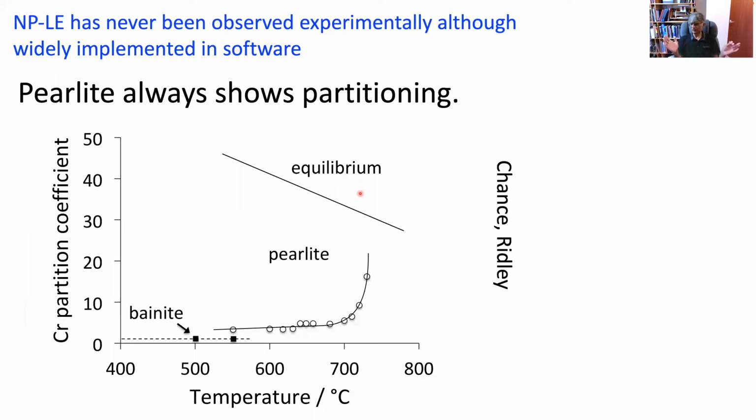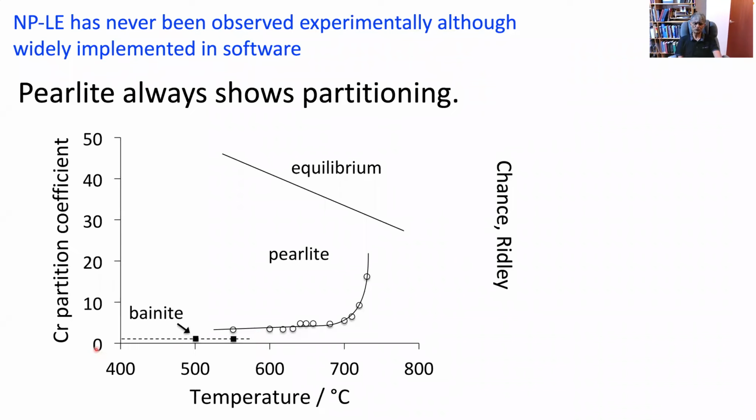Pearlite always shows partitioning. Okay, there is never a case where you have obtained pearlite without the partitioning of solute. So this is classic work by Ridley and Chance, where we are plotting the chromium partitioning coefficient as a function of transformation temperature. In all cases, there is partitioning, and furthermore, the partitioning is quite different from what you would expect from local equilibrium.